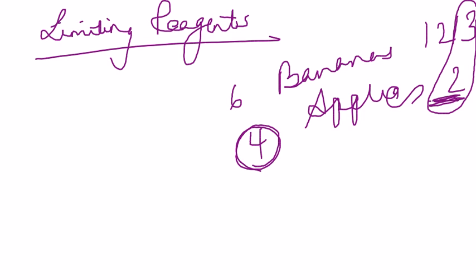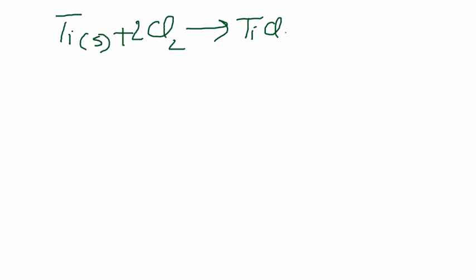Okay? All right, so I have a question here, which is the synthesis of titanium, which is in the solid phase, and I'm treating that with 2 Cl2 to give you TiCl4, which is also solid. This is gaseous, and then some information is provided.